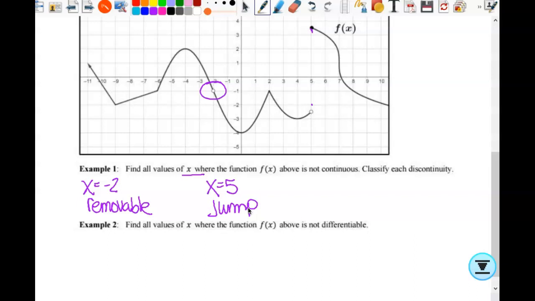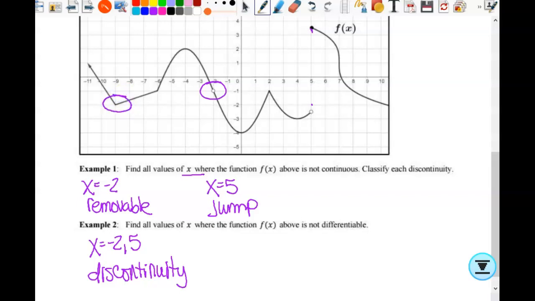Then it asks us to find all the values of x where the function f of x above is not differentiable, right? So it's not differentiable here for sure, right? Would you all agree with that? So because we have discontinuity, we can say x equals -2 and 5. Then I would say it's also not differentiable here, right?